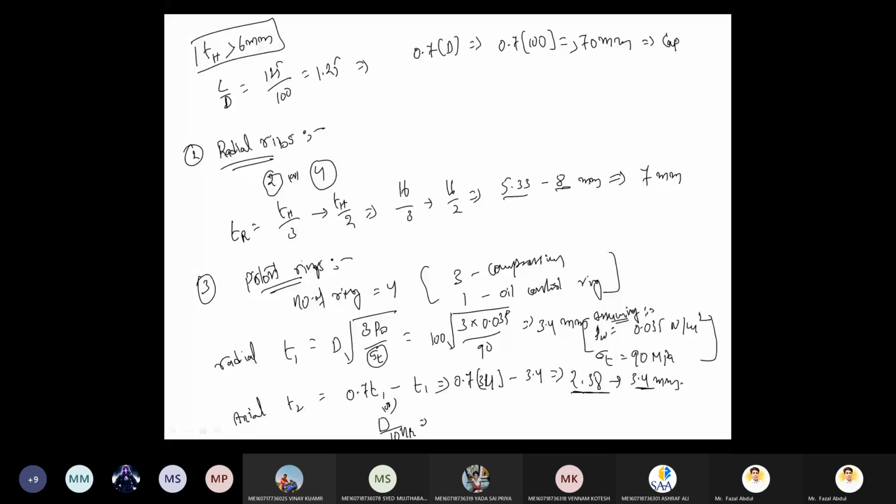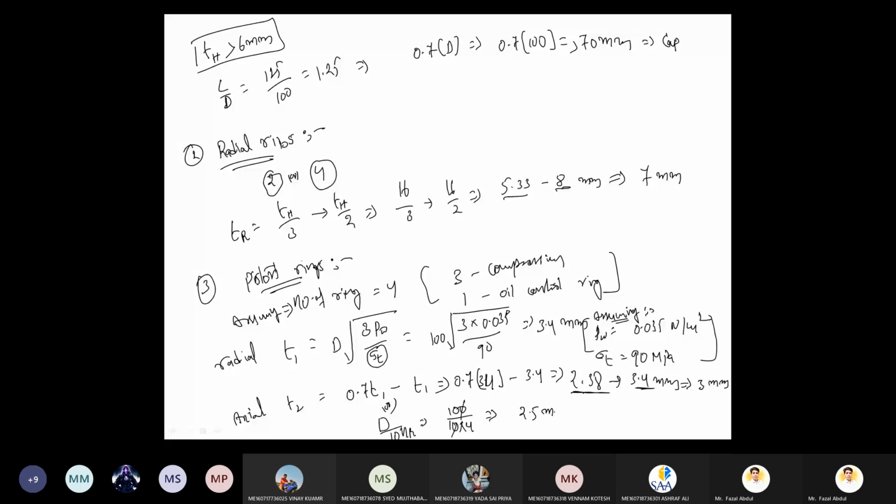Okay. Now based on the second equation, D by 10 into number of rings, that is 100 by 10 into number of rings. How many rings do I consider here? I'm assuming the number of rings as 4. So how much is this? 2.5 mm.